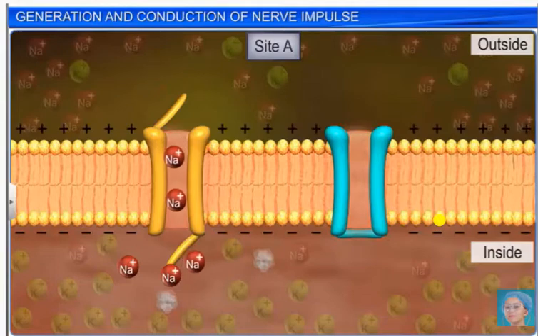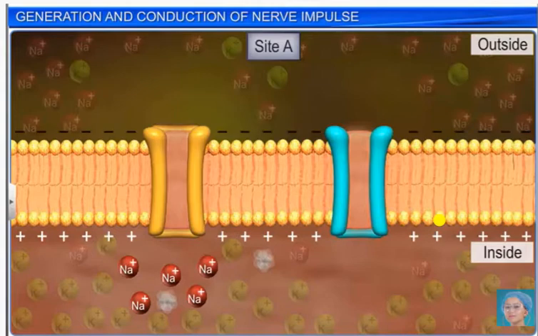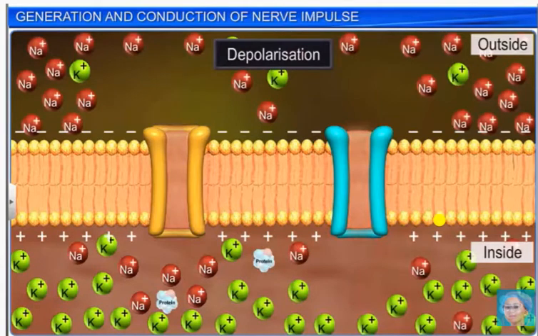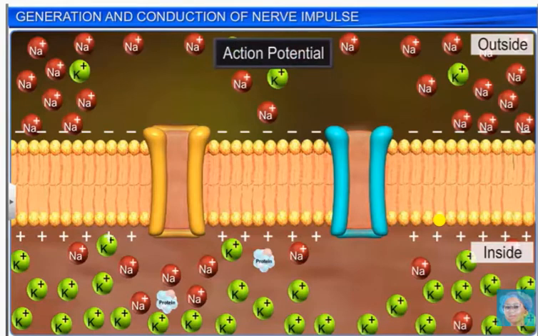This leads to influx of sodium ions that reverses the polarity of this site A. That is, the outer surface of the membrane becomes negatively charged and the inner surface becomes positively charged. This reversal of polarity across the two sides of the membrane is called depolarization. The electrical potential difference across the plasma membrane at site A is called the action potential.